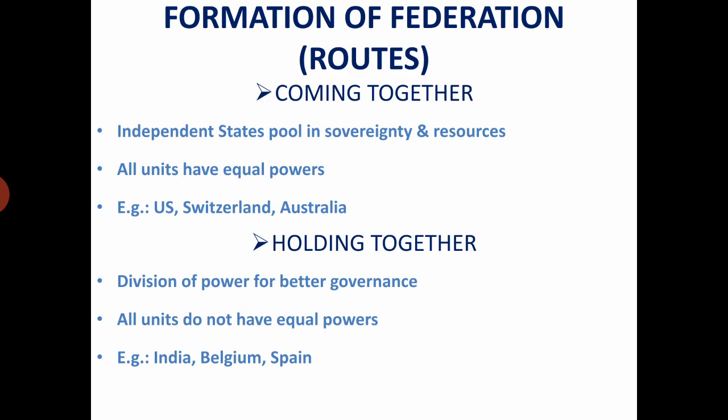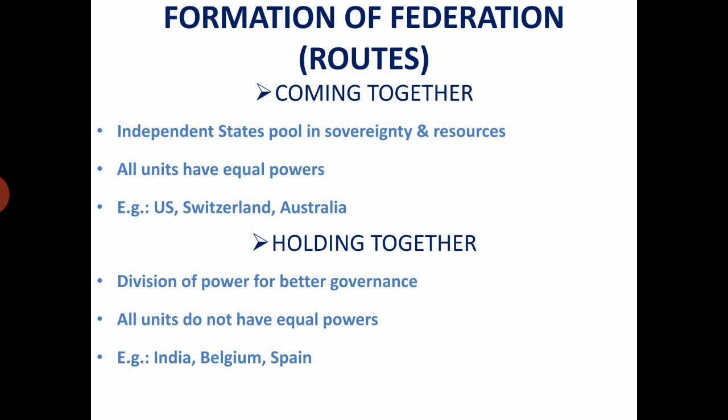It means they combine their powers and give it to a central government for making laws on national issues. They also pool in resources, enabling all states to access different resources essential for their development. Such pooling of sovereignty and resources helps the states to increase security without losing their identity. Moreover, all states enjoy equal powers.